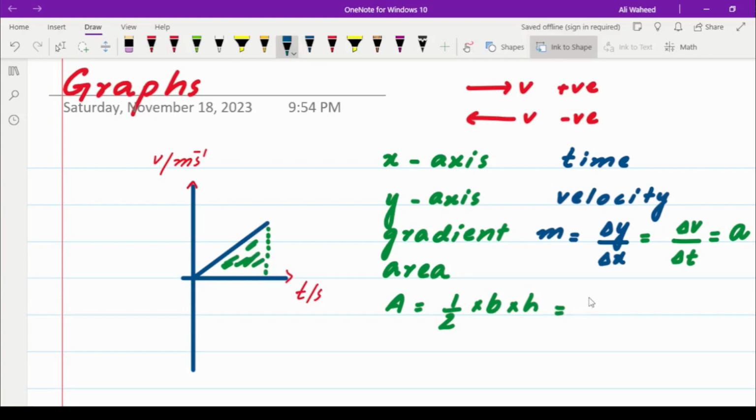But what is the base? The base is time. What is the height of this triangle? The height is representing velocity. So you try to recall your set of formulas, your set of definitions, and what is speed or velocity times time? It is displacement.